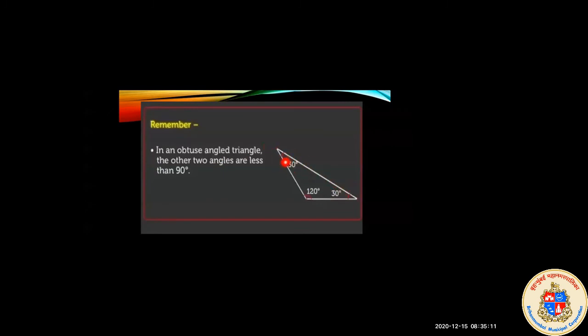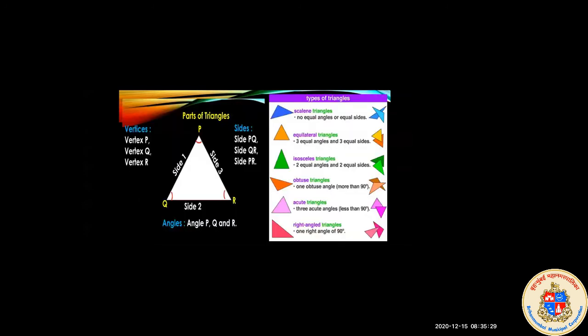See here, you can see it. This is 30 degree, this is 30 degree. So you have to remember, in an obtuse angle triangle, the other two angles are always less than 90 degree and one angle will always be greater than 90 degree. So these were the points to remember.